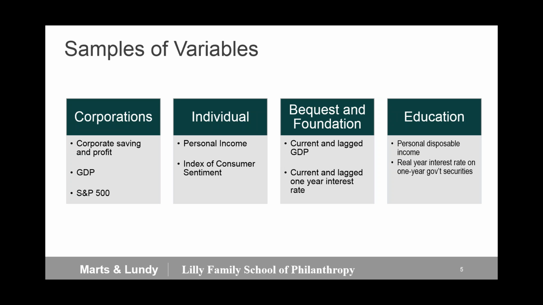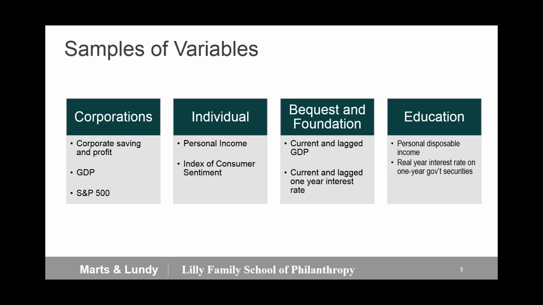As we turn to individual giving, one key variable that emerges is personal income. Households give based on their economic and financial conditions, and this is reflected both in household incomes, but also on the index of consumer sentiment, which actually captures that sense of economic and financial security.